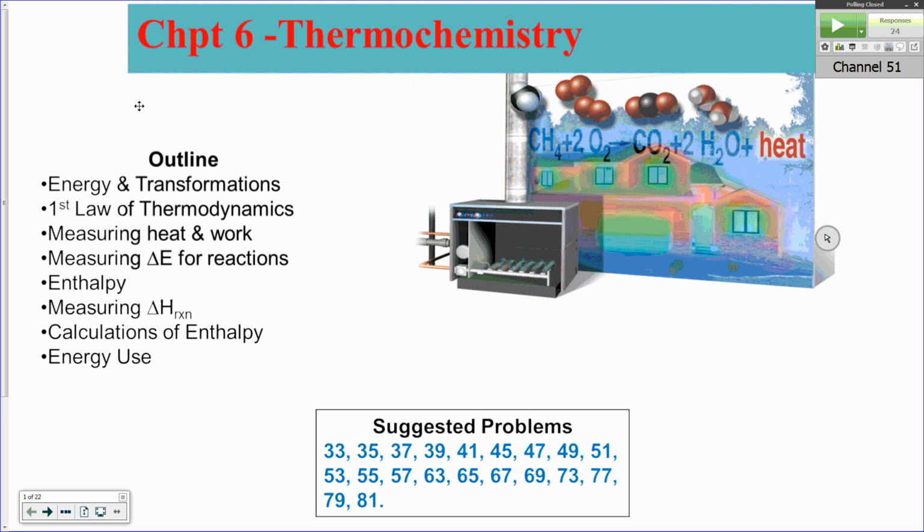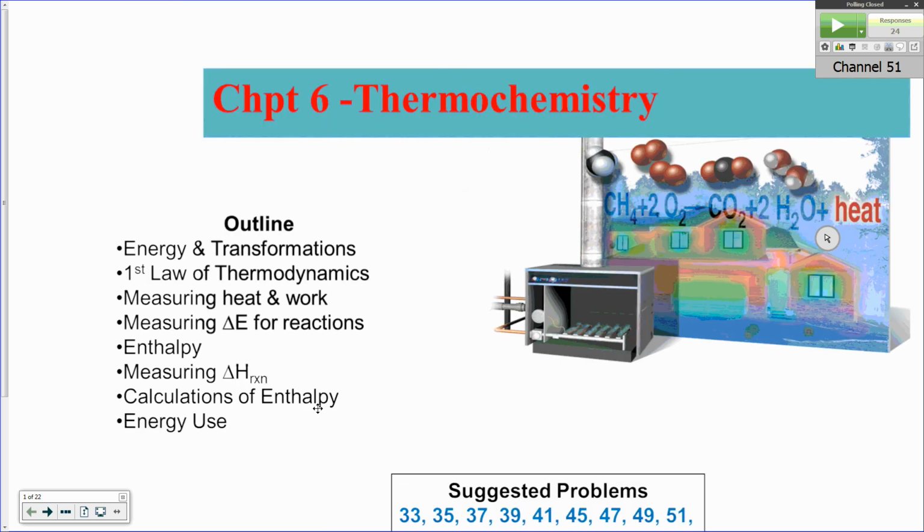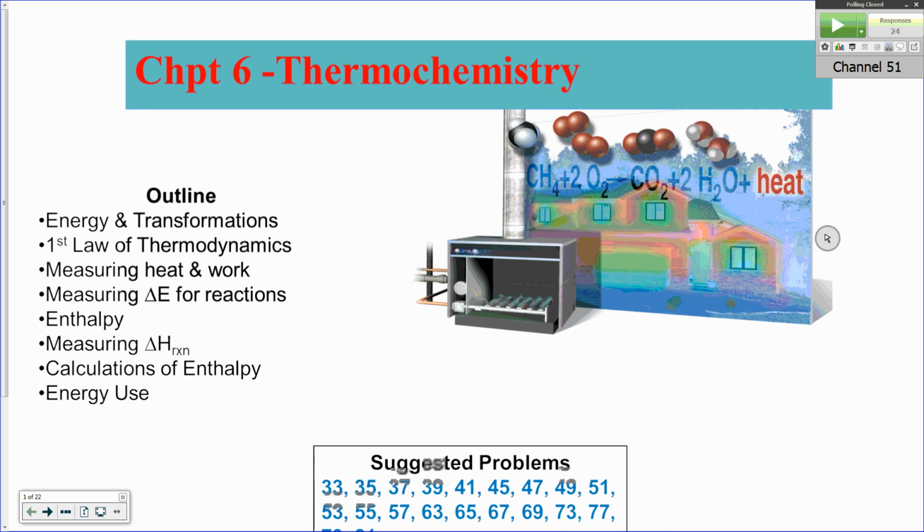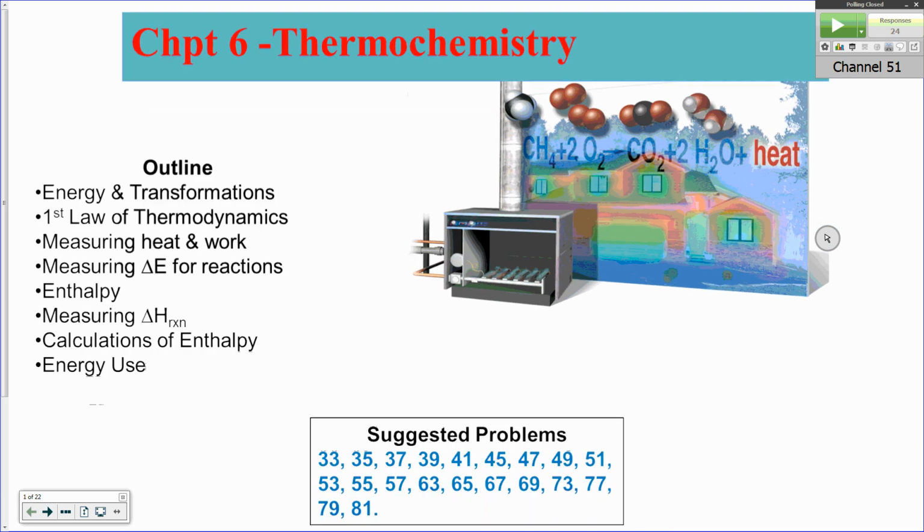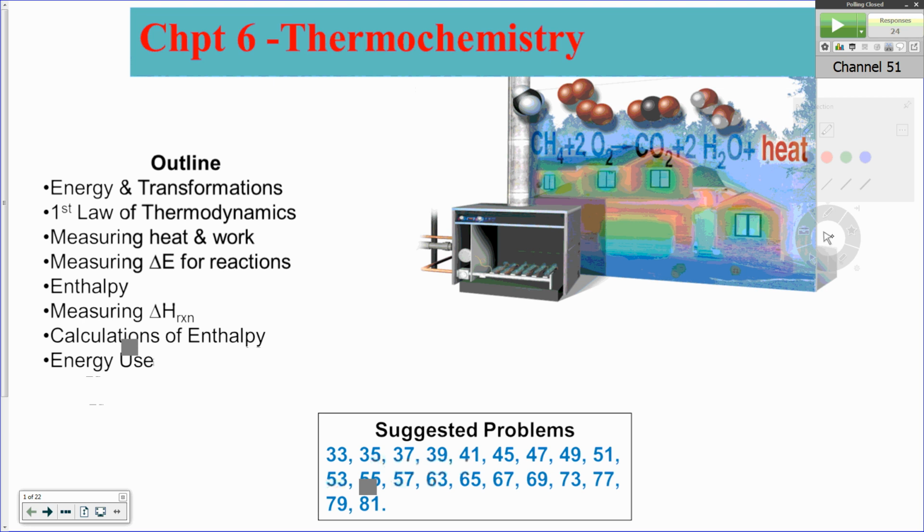Okay, change of topics. Chapter 6 is looking at thermochemistry. Again, here are some problems that I suggest you take a look at. If you didn't make the score you wanted on the exam, it's to your advantage to start working those problems at the end of the chapter.